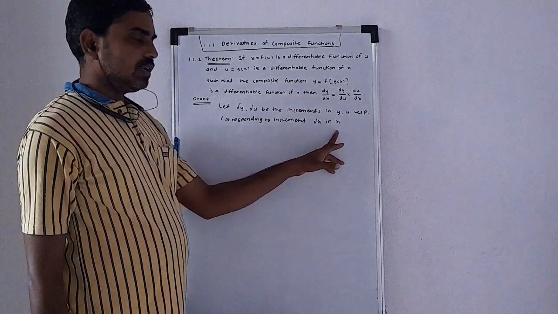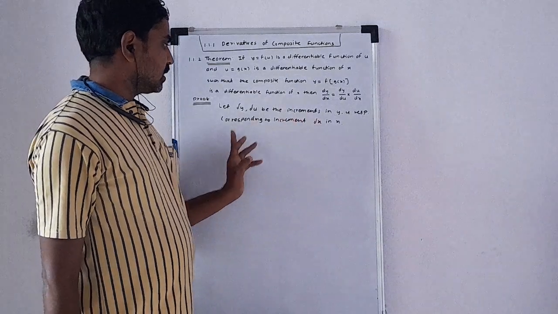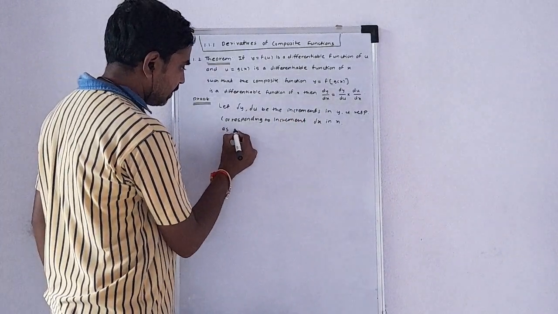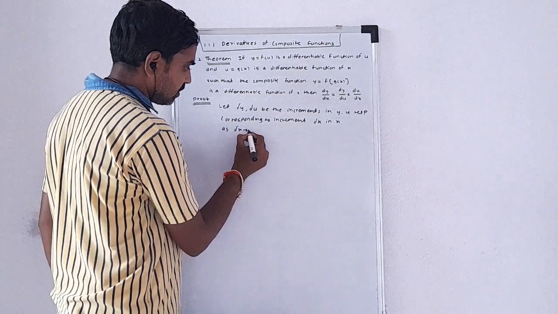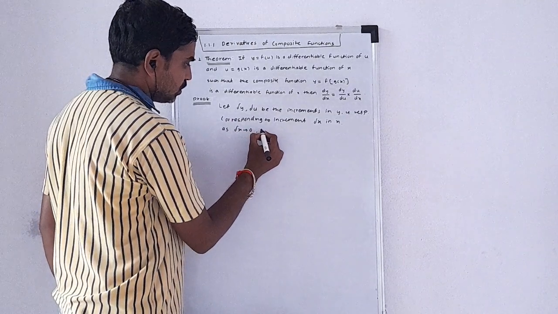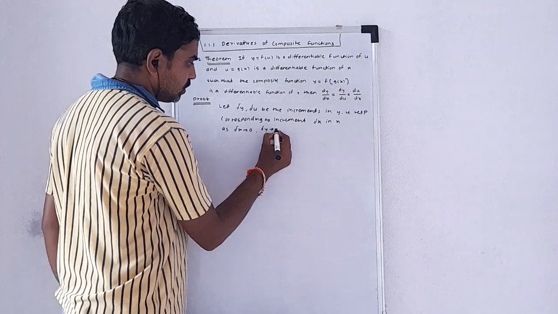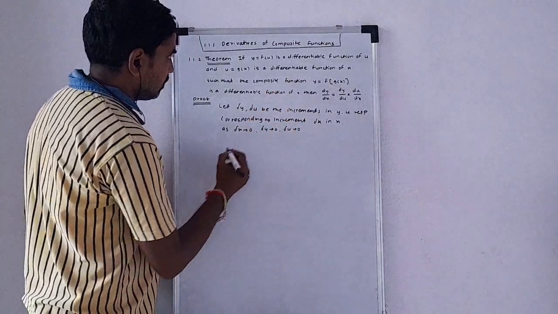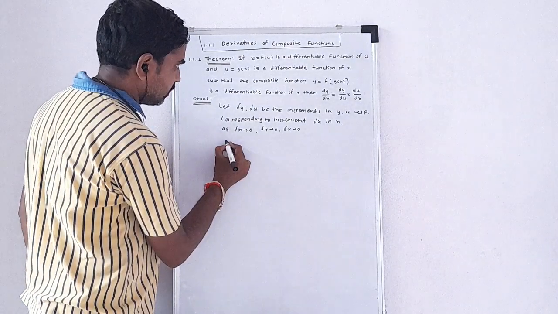X is the independent variable, therefore take delta x as the increment in x. Now as the independent variable's increment delta x tends to 0, then delta y tends to 0, delta u tends to 0.